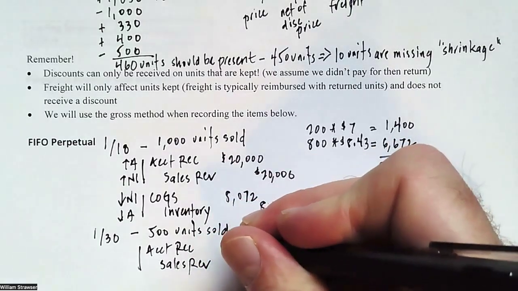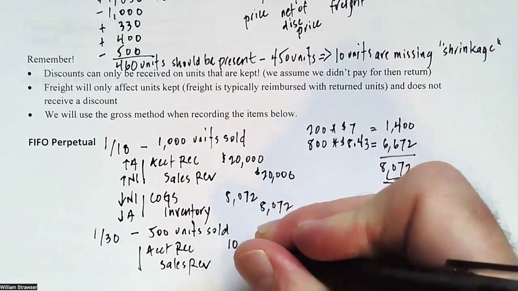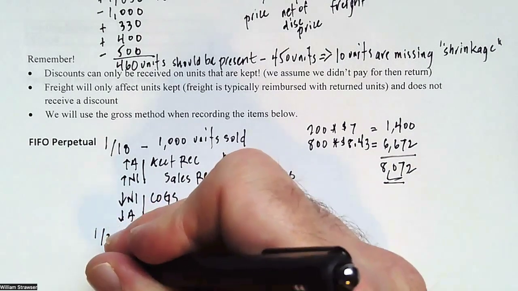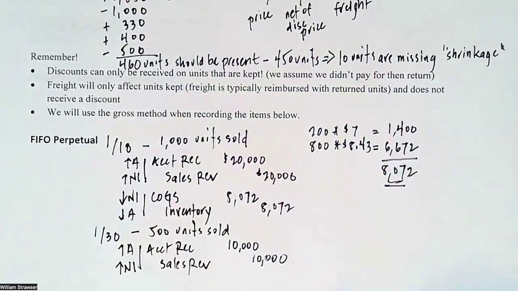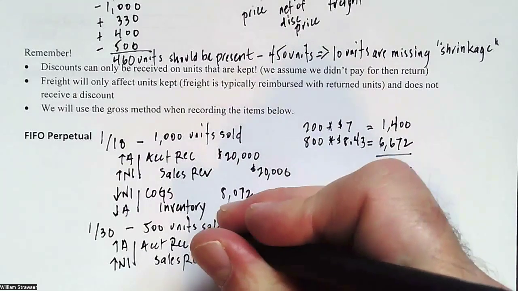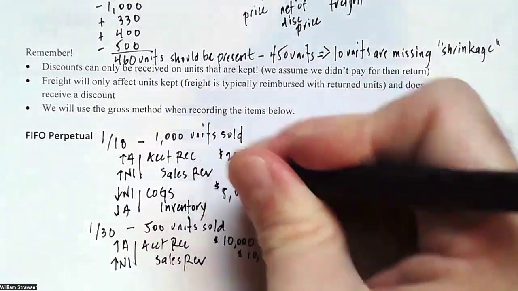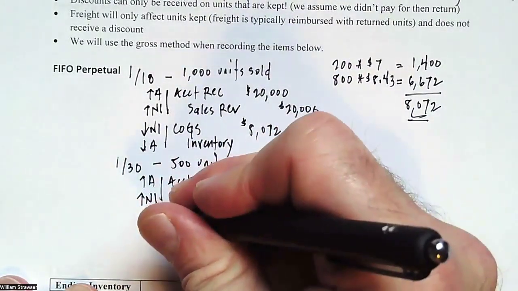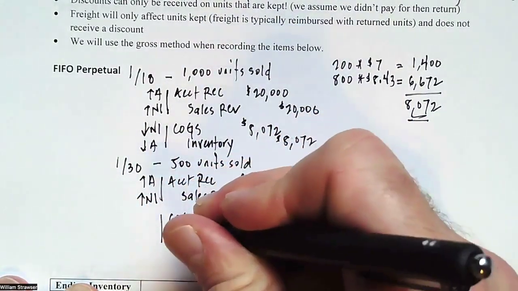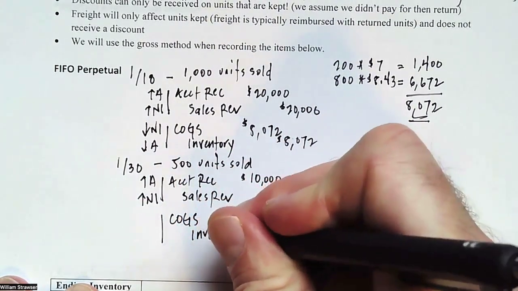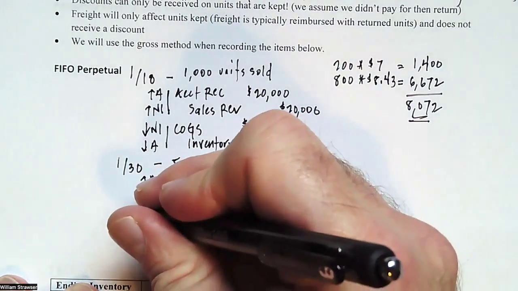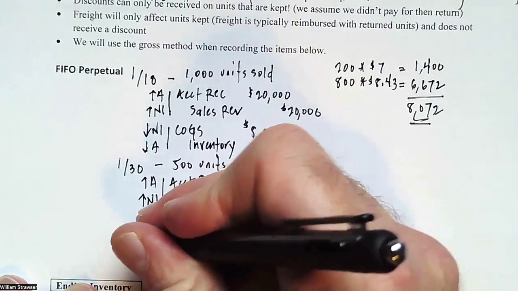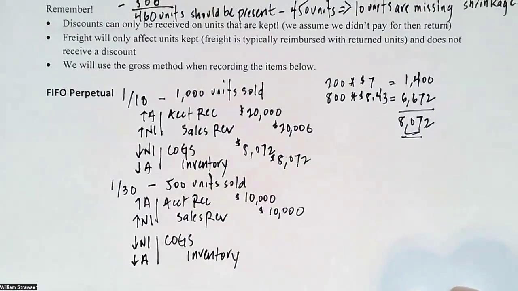That's going to be for $10,000. That's the easier one. Now I have to decide, well, what was the cost of those 500 units? And how much did that reduce my inventory by? And of course, cost of goods sold, no matter what number it is, will reduce my net income, and a credit to inventory will reduce my assets.